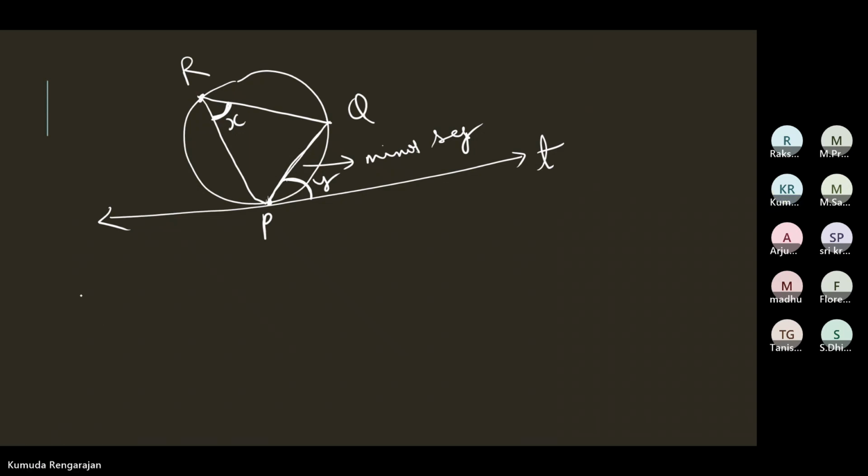Now here we have the angle subtended by the chord in the major segment and the angle between the chord and the tangent in the minor segment.